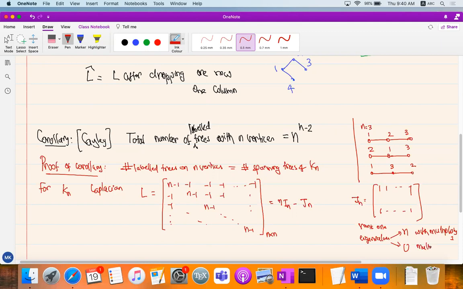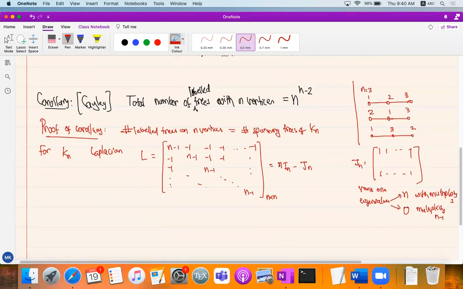So the multiplicity of the 0 eigenvalue is n minus 1. Therefore, if you subtract from a multiple of identity, L has eigenvalues n minus the eigenvalues of J. So n, that's correct.